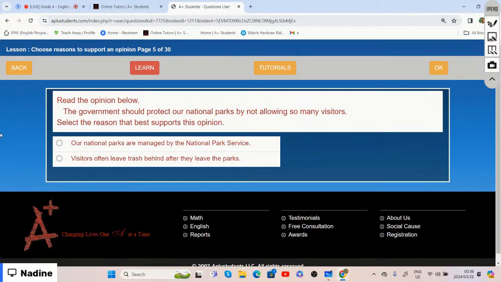The government should protect our national parks by not allowing so many visitors. We now need to select the reason that best supports this opinion, right?